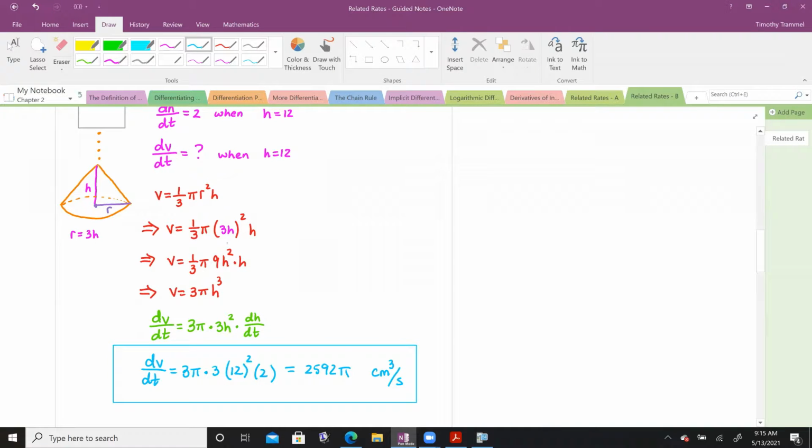Here we substituted in r equals 3h before we differentiated, but again, this wasn't a number that we plugged in. The reason we want to avoid plugging numbers in at this stage is these variables are changing. So if we say they're constant, then when we differentiate, we're treating them as constants rather than as variables, and it'll mess things up.